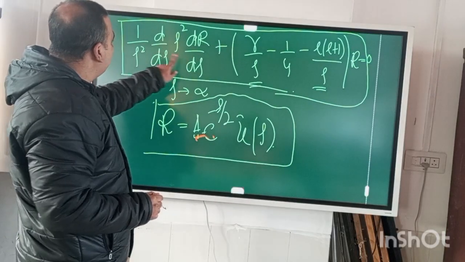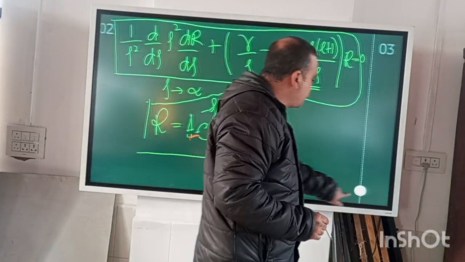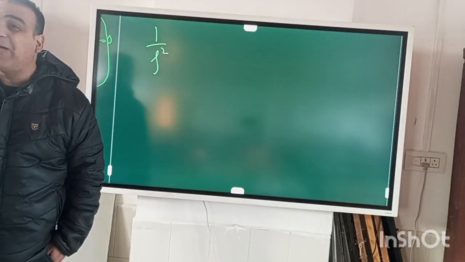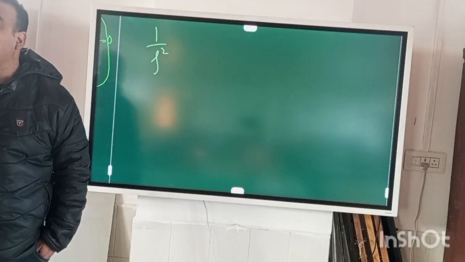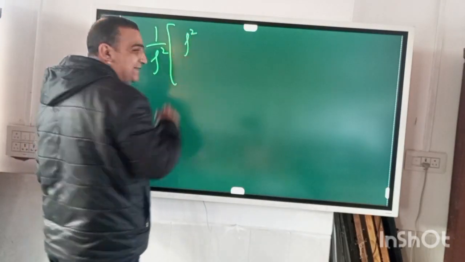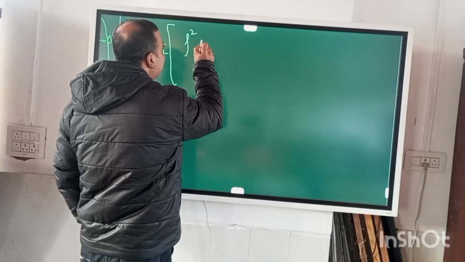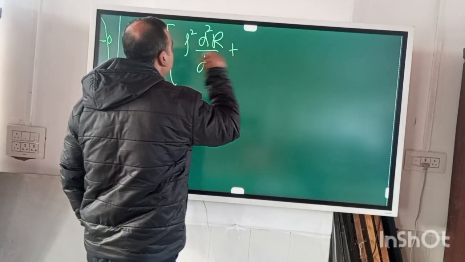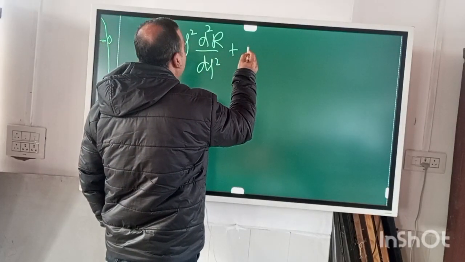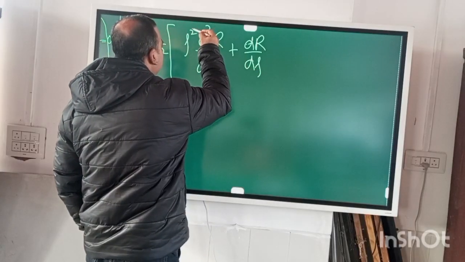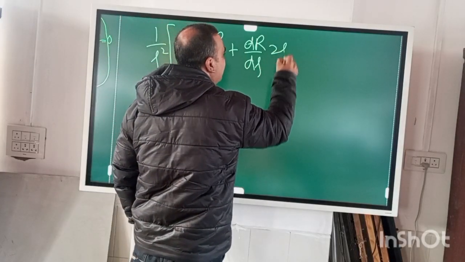So let's go with this equation again, and then what should I do? If I look at this equation, here I have 1 by rho square, then d by d rho of rho square dr by d rho. I can use the UV rule here. So rho square as it is times the derivative of the other, that will give me d2r by d rho 2, plus dr by d rho times the differentiation of rho square, that will give me 2 rho.